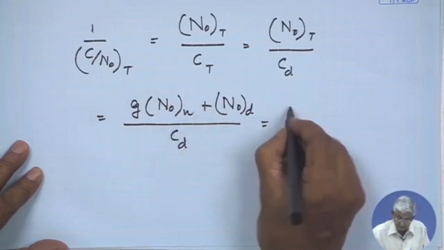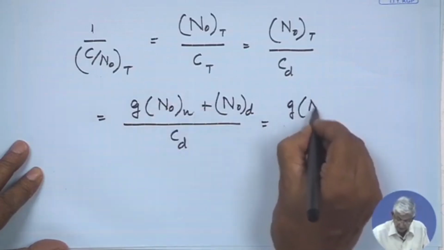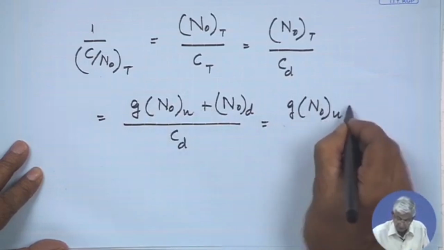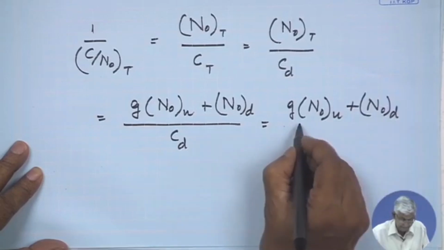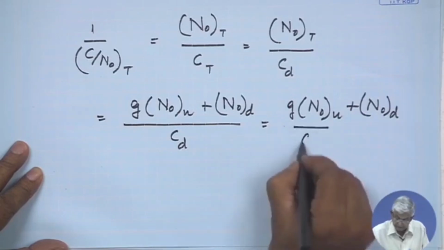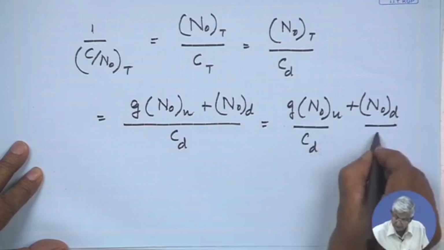I can separate it out: G times N0 uplink plus N0 downlink, divided by C downlink.